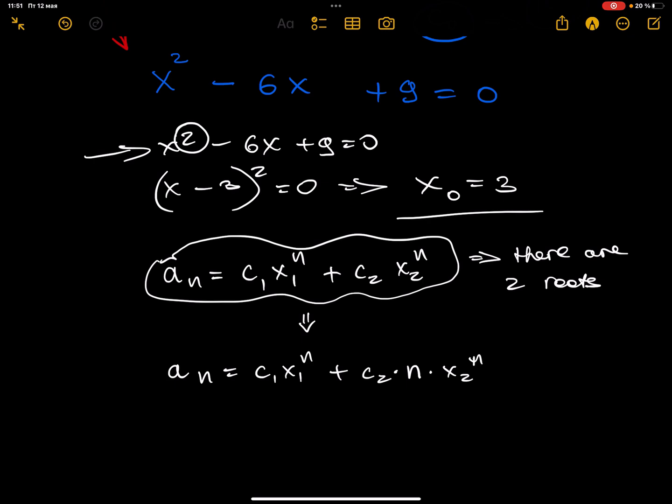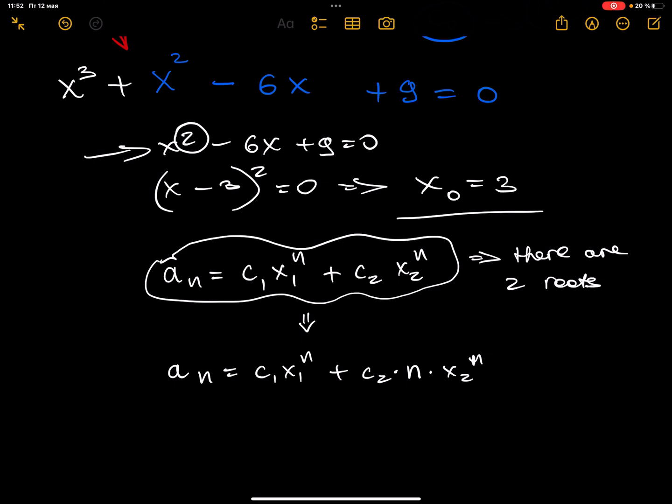For example, later you may see a recurrence relation, and when you convert it to a polynomial equation, you may end up with a third order polynomial equation, and in that case you will have three roots, but you may also have one root and two the same roots.